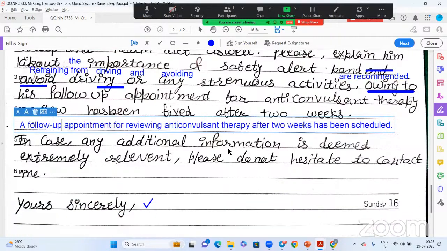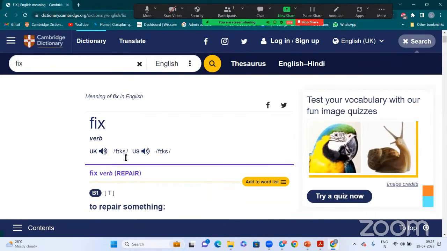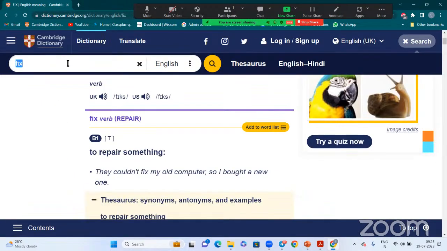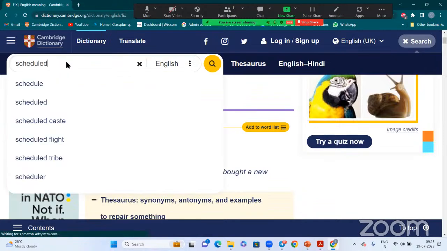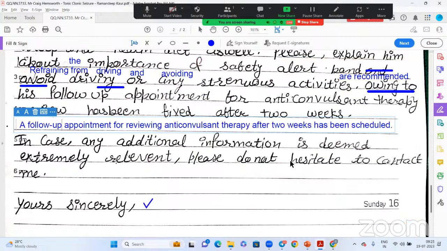Okay, fixed is an ordinary word, scheduled is a better word. Fix is a B1 word. Scheduled is a B2 word, a better word. Okay. In case any additional information is deemed extremely relevant, spelling mistake.